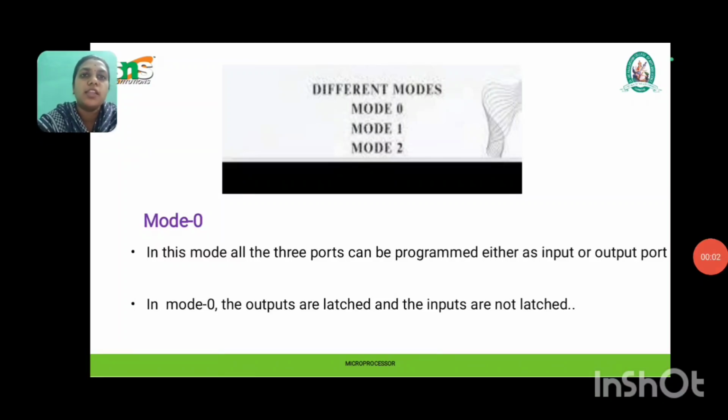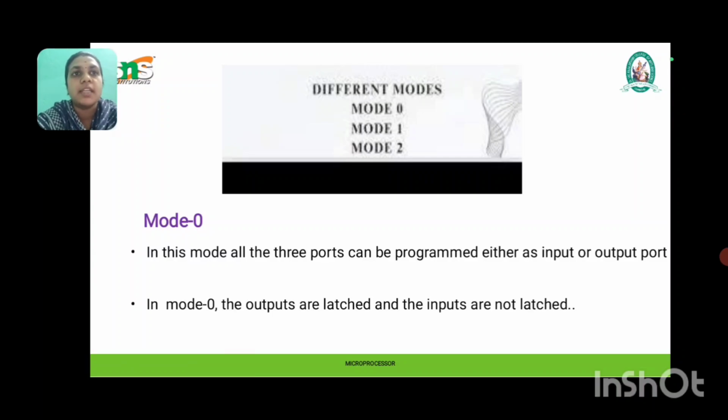Mode 0. In this mode, all the ports can be programmed either as input or output port. In mode 0, the outputs are latched and the inputs are not latched. The ports do not have handshake or interrupt capability.